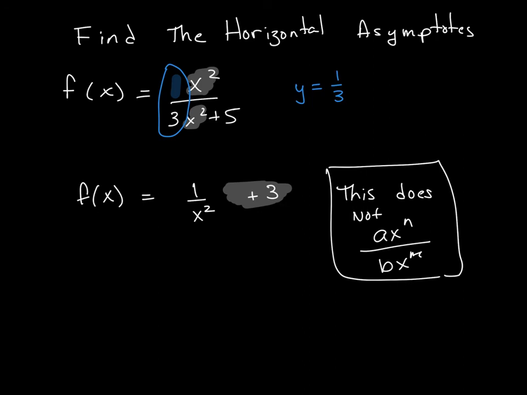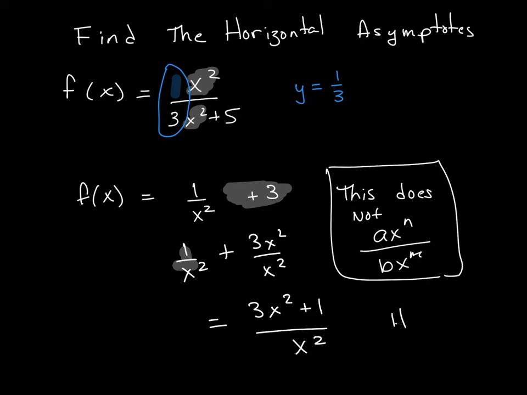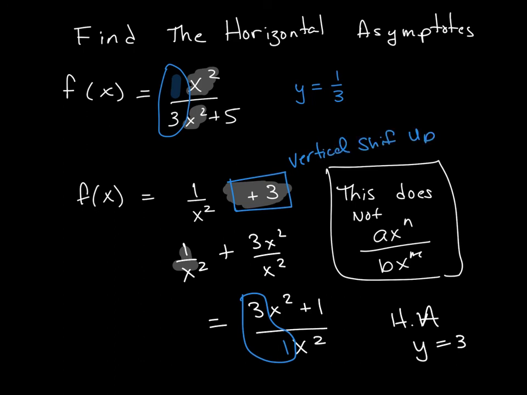For this to follow the rule, you'd have to find a common denominator, which is 1 over x squared plus 3 x squared over x squared, or 3x squared plus 1 over x squared, which gives you the horizontal asymptote of y is equal to 3, the coefficient of the x squareds. Now, I can tell that in the beginning because this plus 3 is a vertical shift up. So do be careful when following that rule.